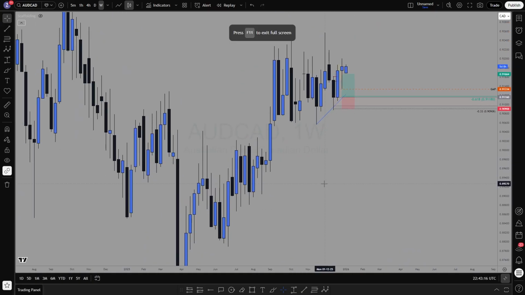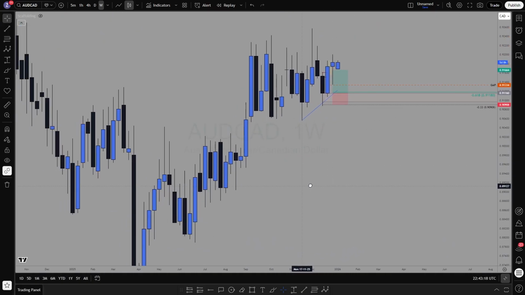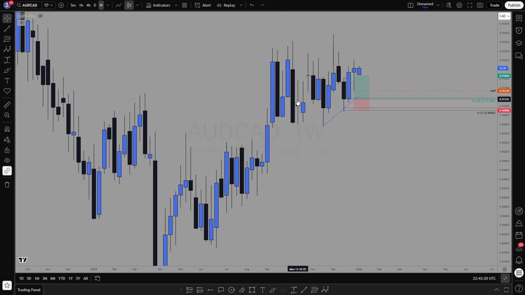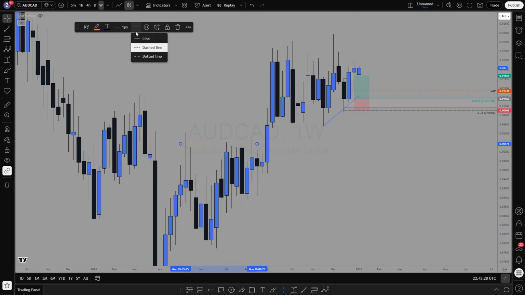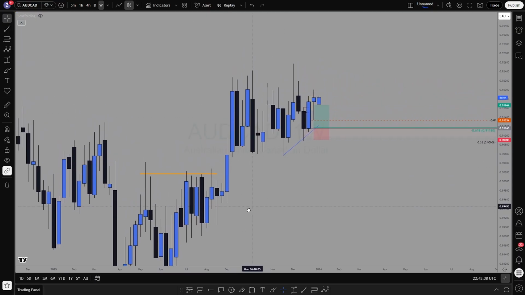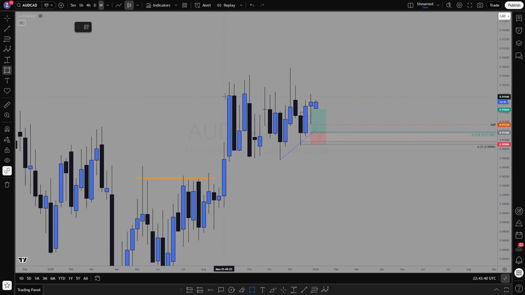AUDCAD, right, so on the weekly for AUDCAD, we've got price having been bullish. I think I need a weekly structure line, there we go. That orange level, and it doesn't really contrast, so you can see that better, there we go. So that was broken to the upside, those highs, and price is now consolidating on the weekly, like so.